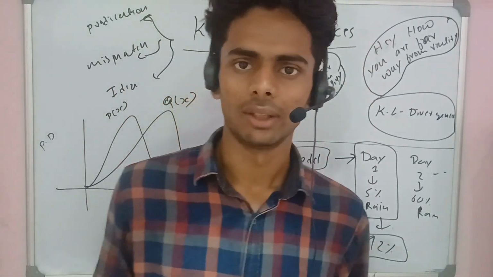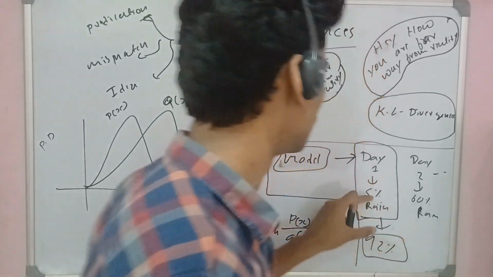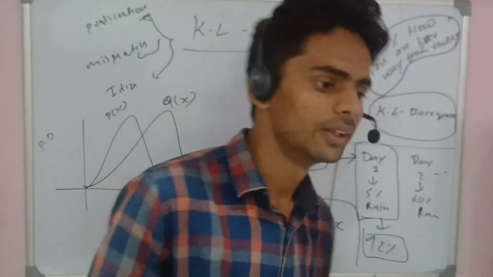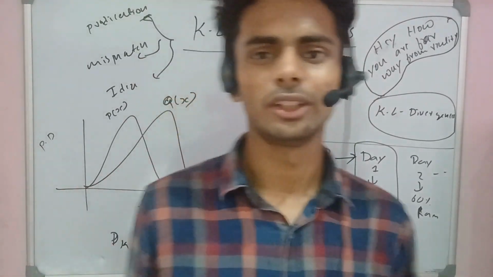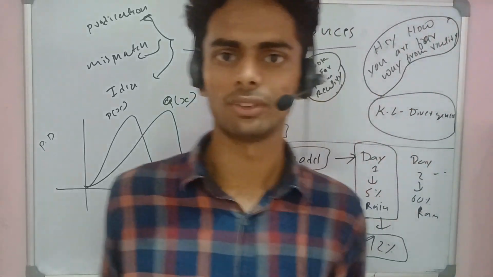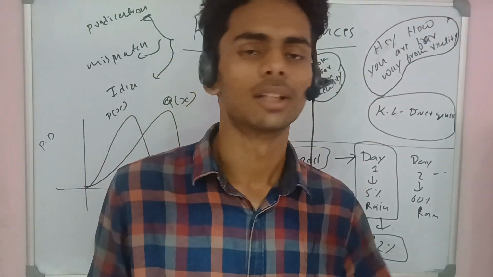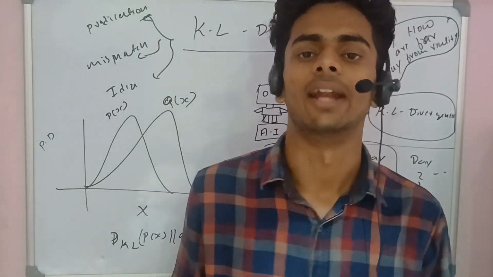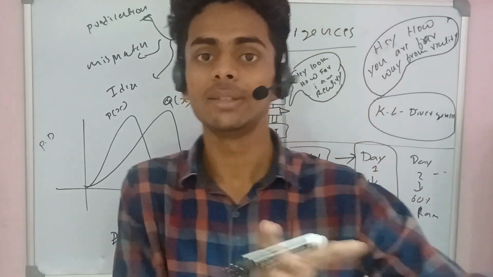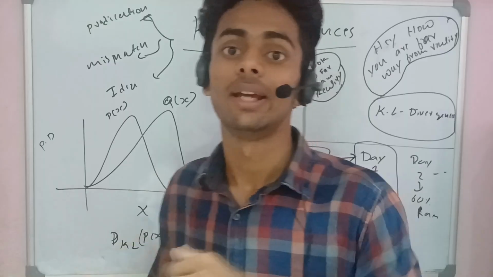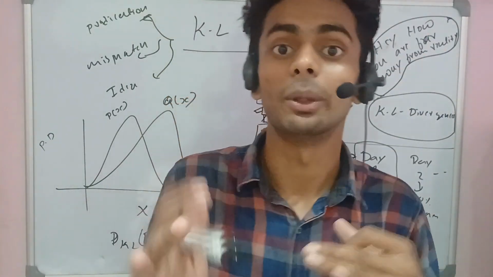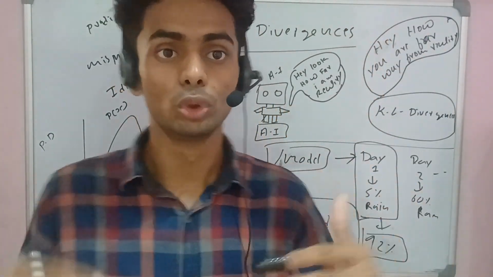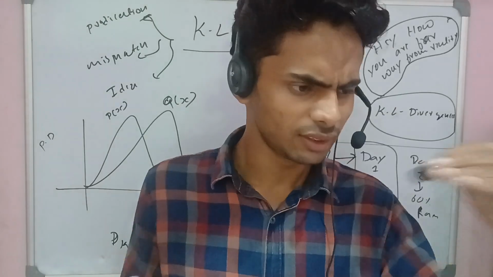Look at the difference between 5% and 92%. If I calculate that, it is an 87% difference in probability of getting rain, so we are 87% far away from the actual outcome.